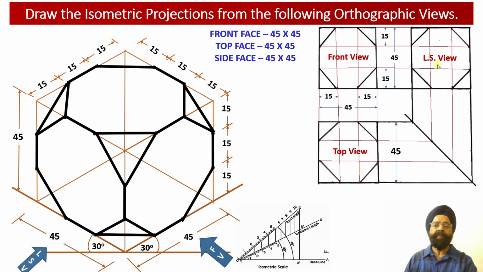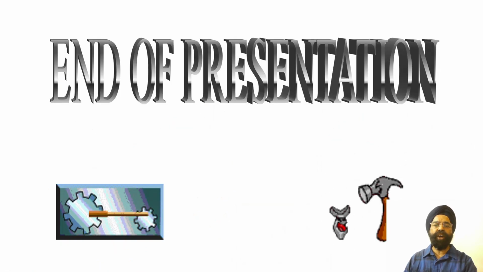So this way we have been able to convert the information which was provided to us through the three orthographic views into a single 3D isometric projection view, in which we obtain the front view face, the left hand side view face, and the top view face projections. So this is all for today.